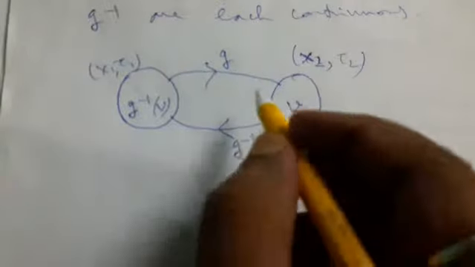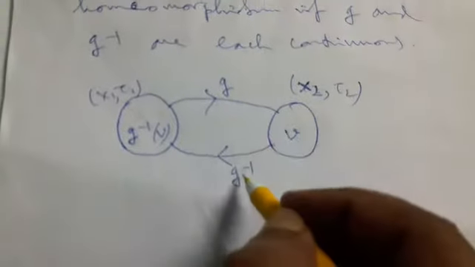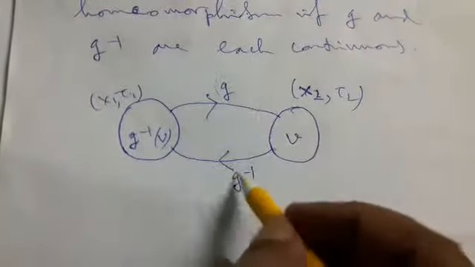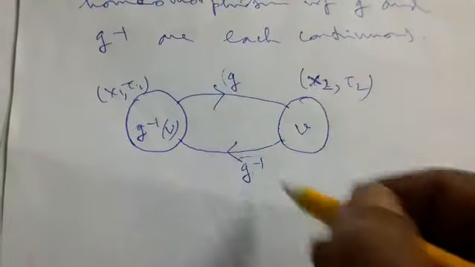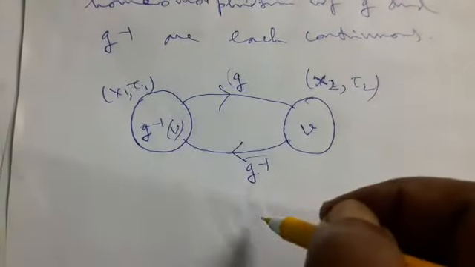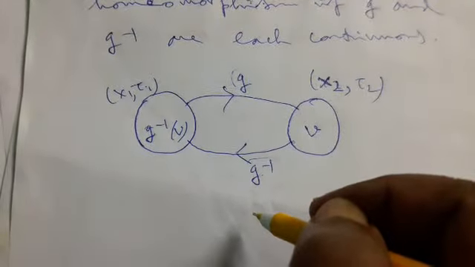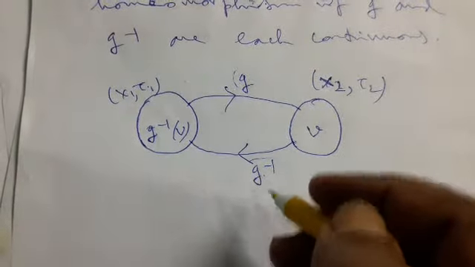Both g and g inverse are continuous, so we call this a homeomorphism. This is the main concept of homeomorphism.